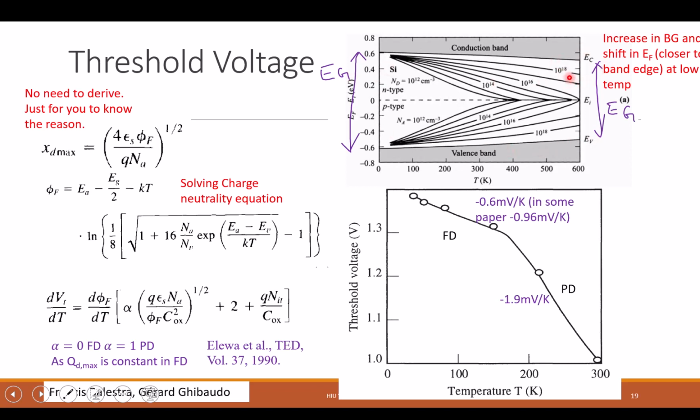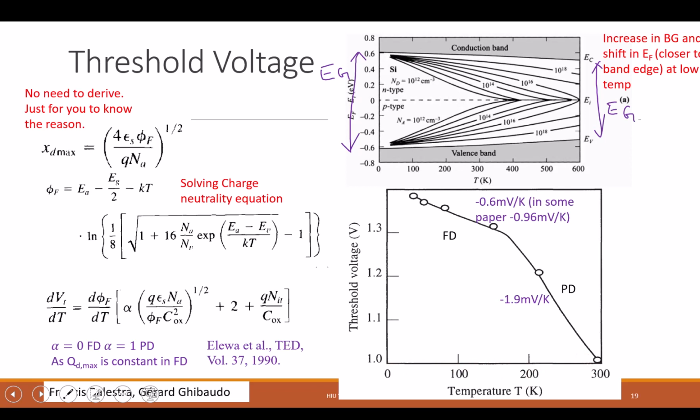At the same time, these are the Fermi level. They also will get closer to the band edge. I just want you to know about this. This is the Fermi level for 1E18 doping that gets closer to the band edge. So what happened to the subthreshold slope when you reduce the temperature?